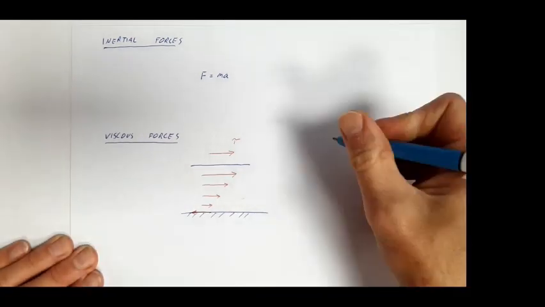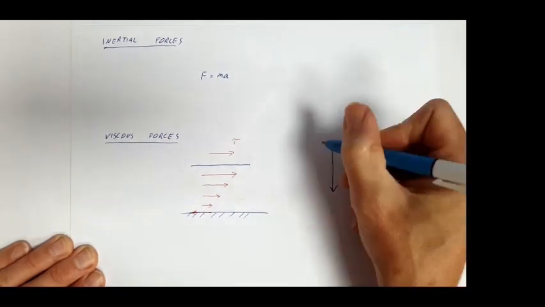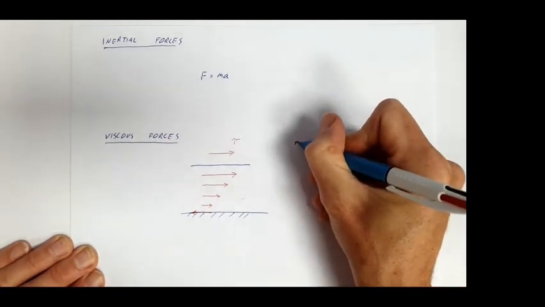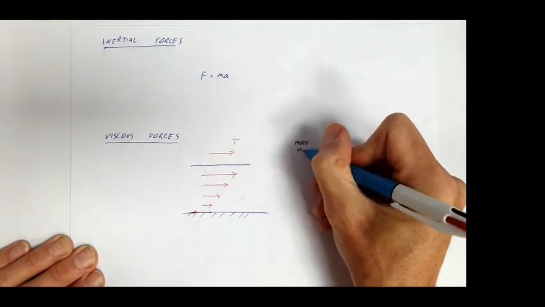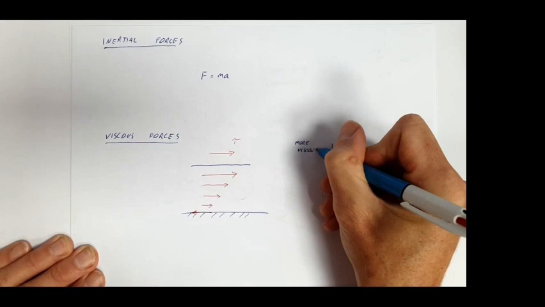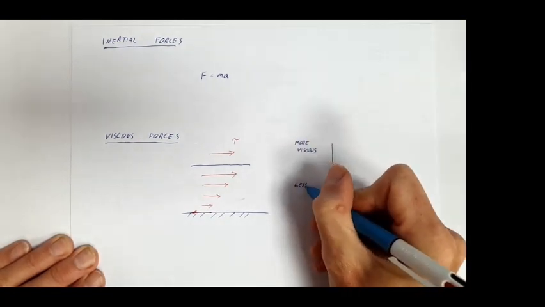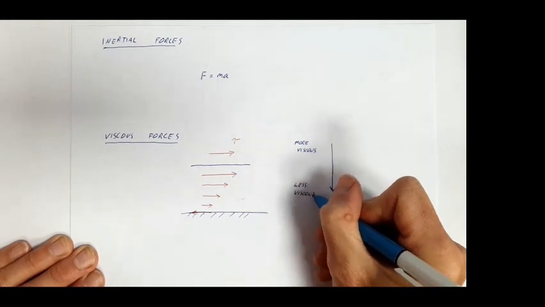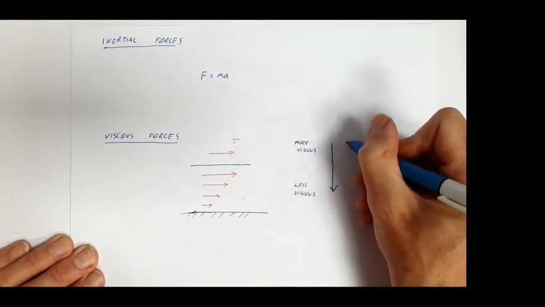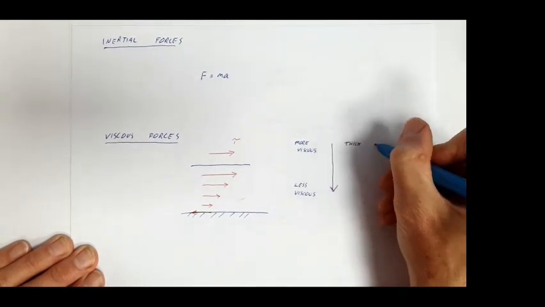So if we think about viscosity, so if we put more viscous fluids at this end, less viscous fluids at this end, more viscous fluids, we might have a thick oil, for example.